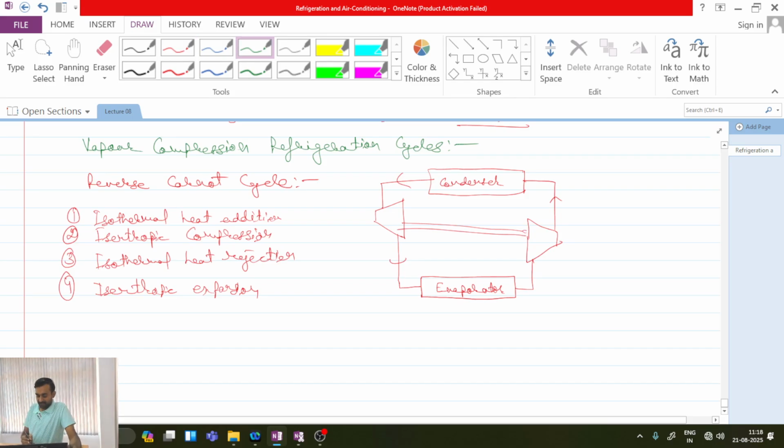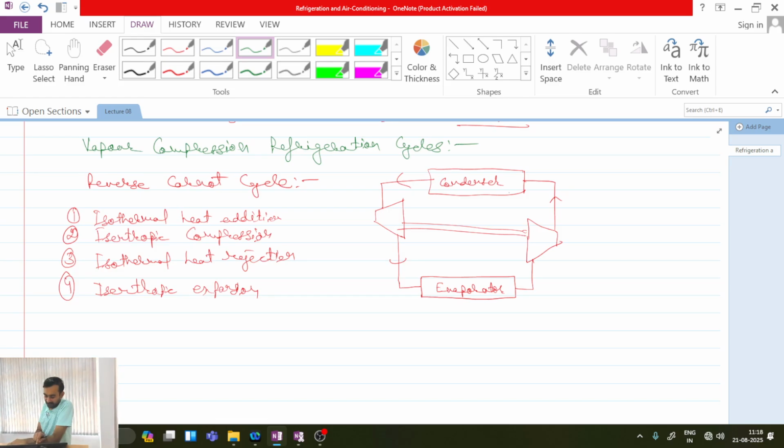Okay. Now first you tell me one thing. Why am I calling these two as evaporator and condenser, whereas in the air refrigeration cycle I was just calling these as heat exchangers? Because in case of air refrigeration cycle, there was no phase change of the working fluid. Working fluid was staying in the same phase.